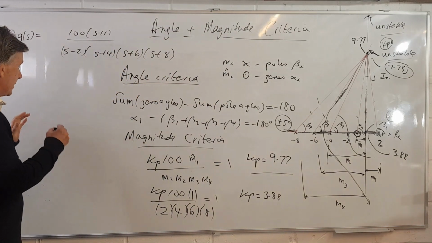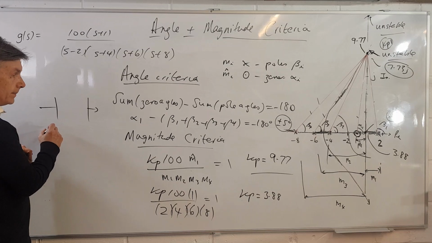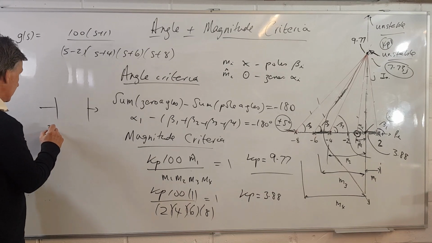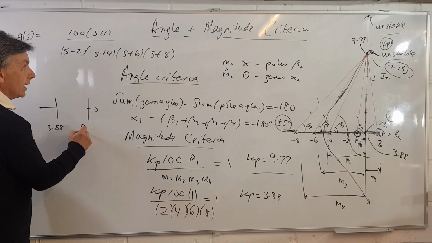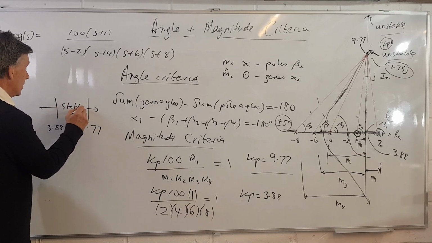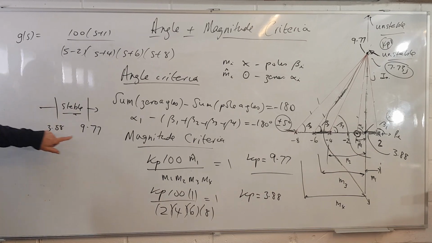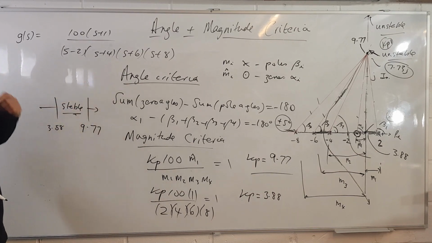So it's got a window of gain over which it's stable, between 3.88 and 9.77. In this region it's stable; less than 3.88 is unstable, bigger than 9.77 is unstable as well.